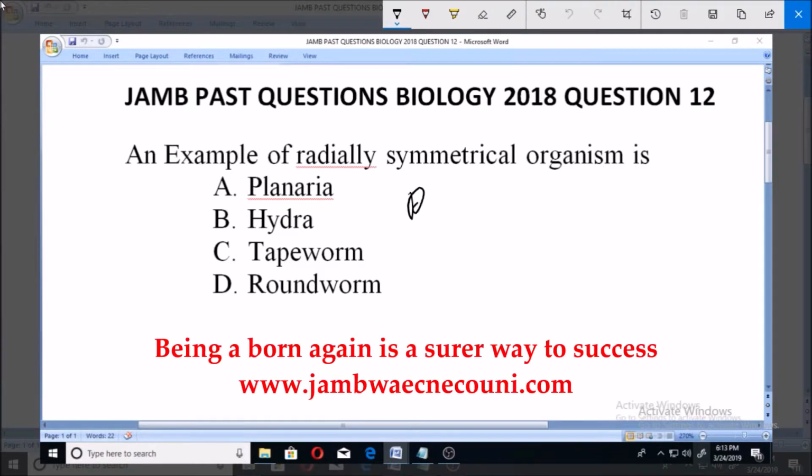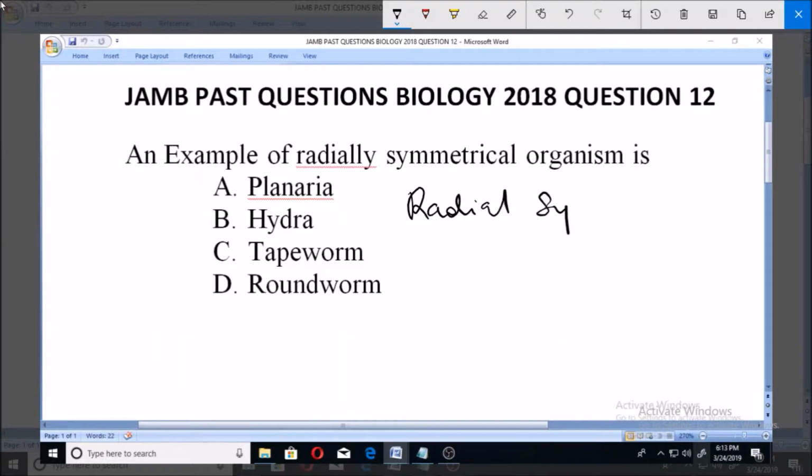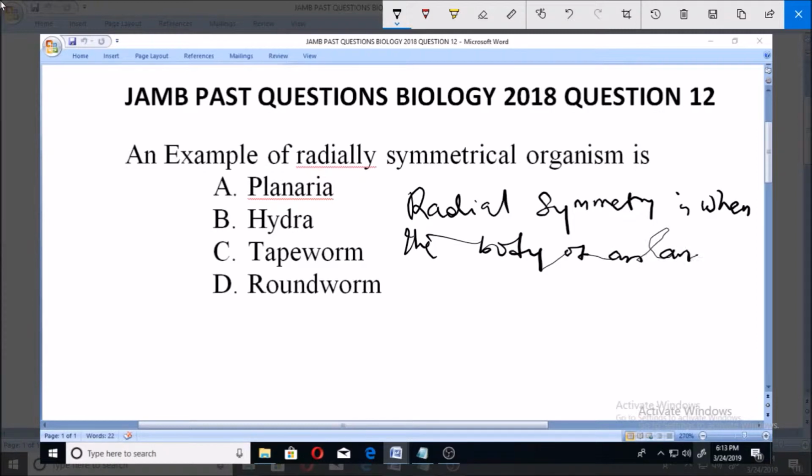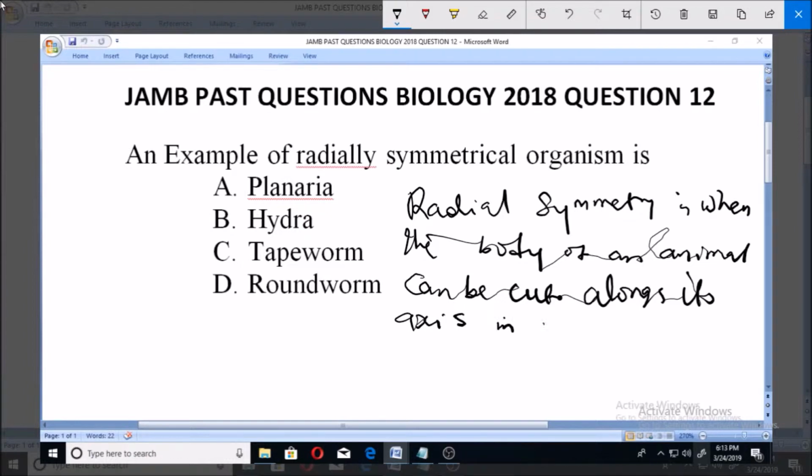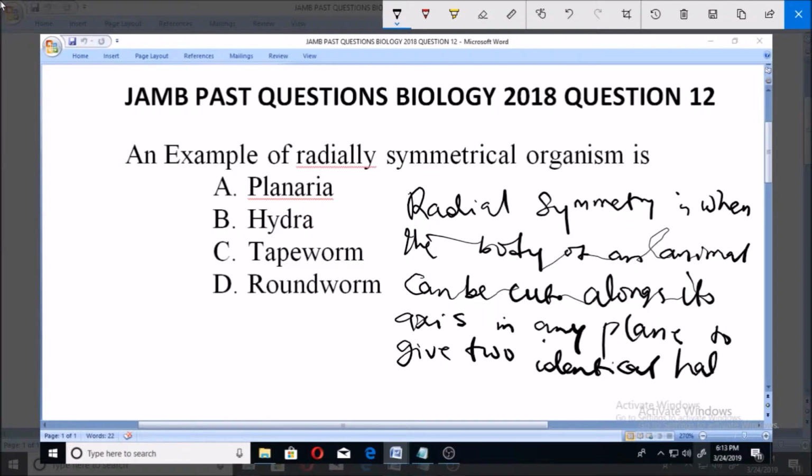Now, we can state that radial symmetry is actually when the body of an animal can be cut along its axis in any plane to give two identical halves.